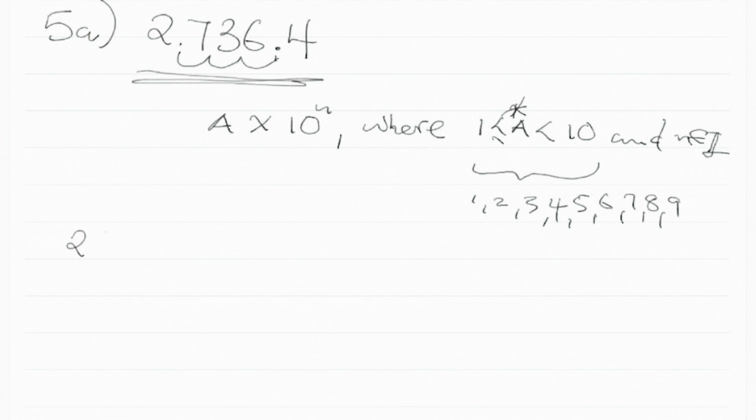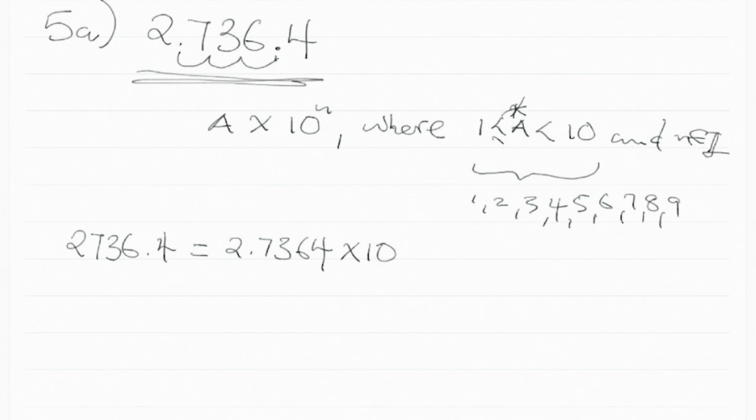So 2,736.4, in standard form, will be 2.7364. Now, before you say multiply by 10, how are you going to know the value of n?